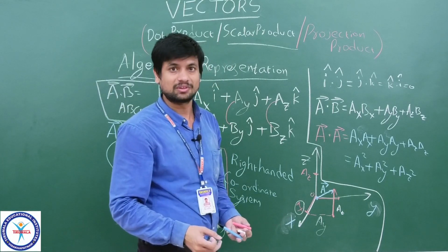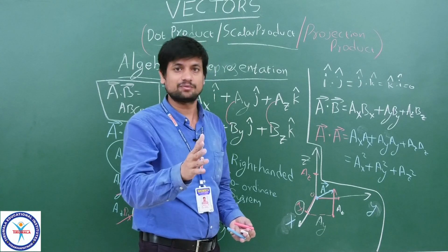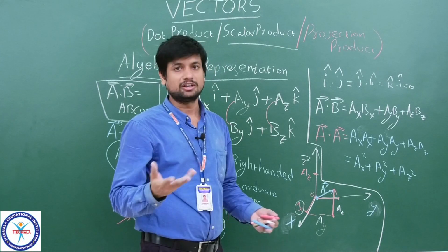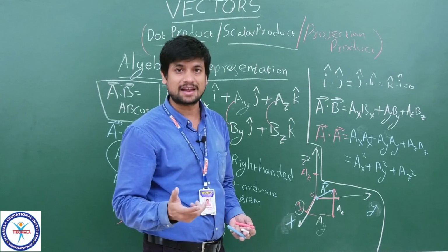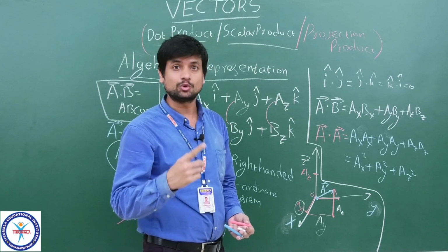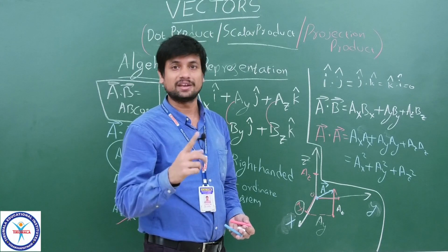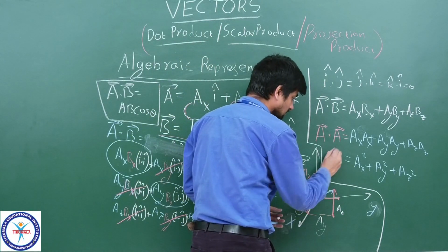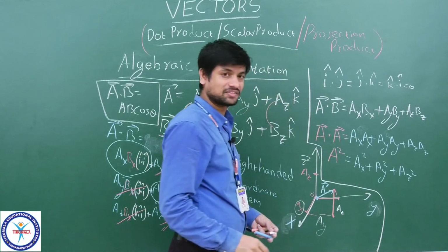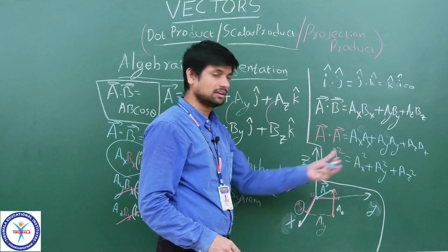What is the angle between the vector A and that same vector A? It must be 0. So what do you get, children? Cos 0 value 1. So A into A into 1, the answer is A square.